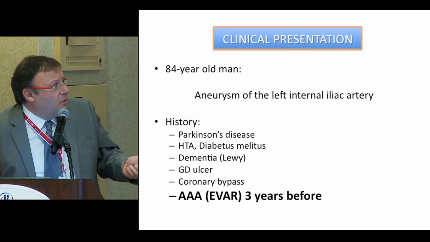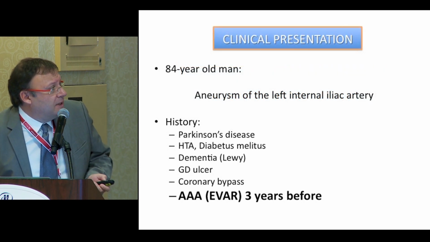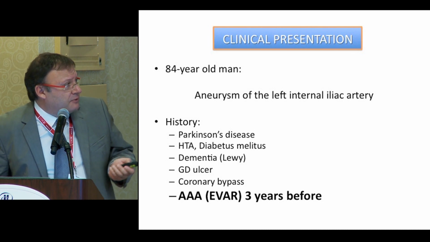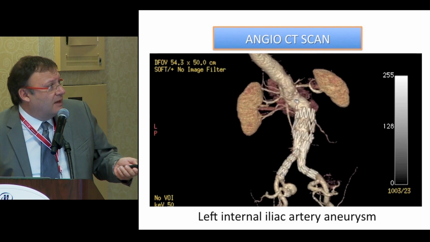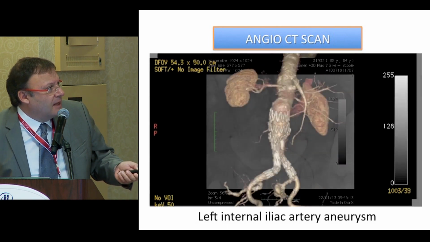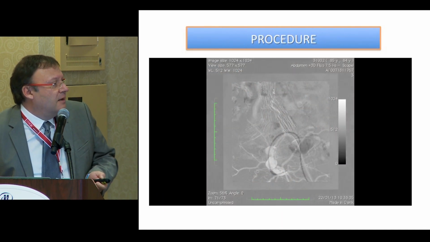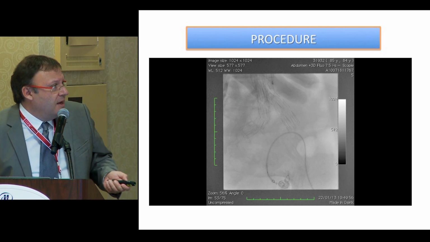It was an old man with multiple comorbidities that we treated 3 years before with a custom-made EVAR. You see the case with the thrombus in this part, but he developed a larger than 3 centimeter iliac aneurysm.